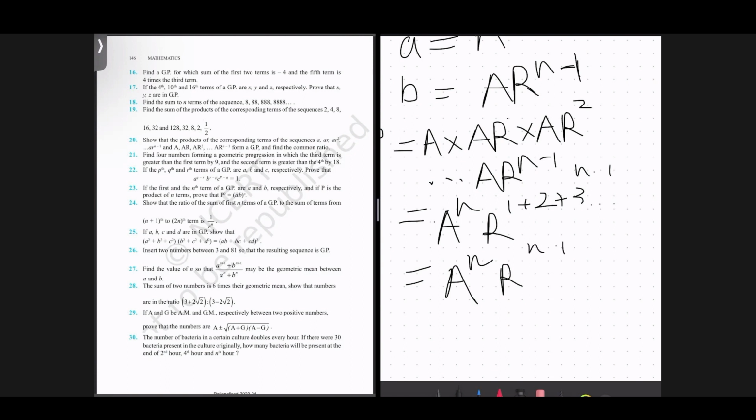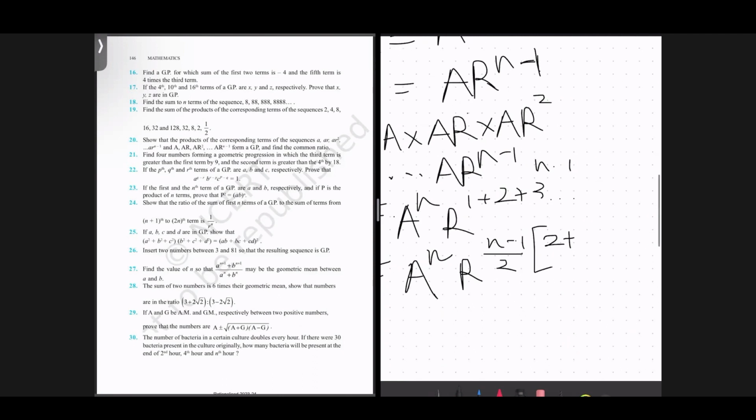I have written this because the number of terms in the AP are n minus 1, divided by 2, 2 times the first term, that is nothing but 2 in itself, plus n minus 1 minus 1, and the common difference has been given to us as 1, right?